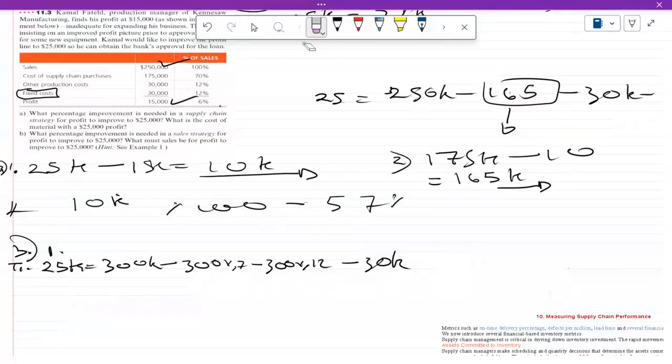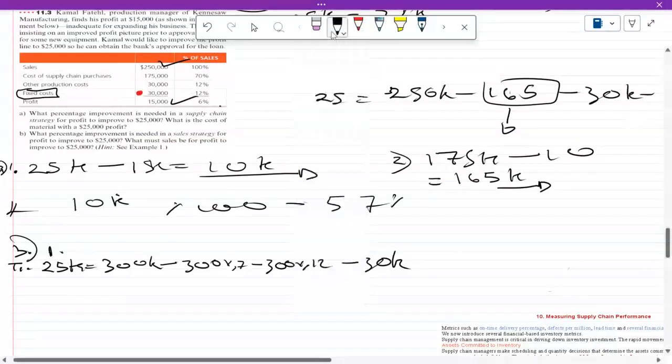The 30K, which is this one, is a fixed rate, it doesn't change. Then my answer, I find 24. I find 24, so 25K is not equal to 24K.